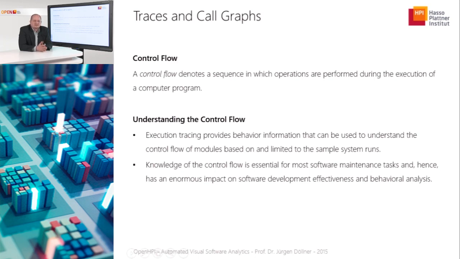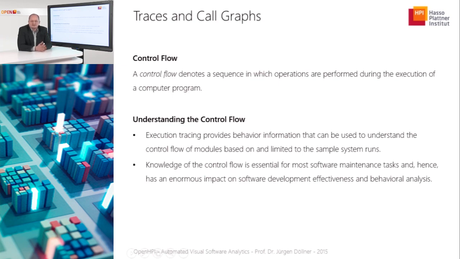Understanding the actual control flow is very important because by execution tracing we can get behavior information that can be used to understand the control flow of modules based on, and limited, of course, to the sample system runs. So the test cases we apply when we execute the system, of course, define the borders in which we can actually record system behavior.